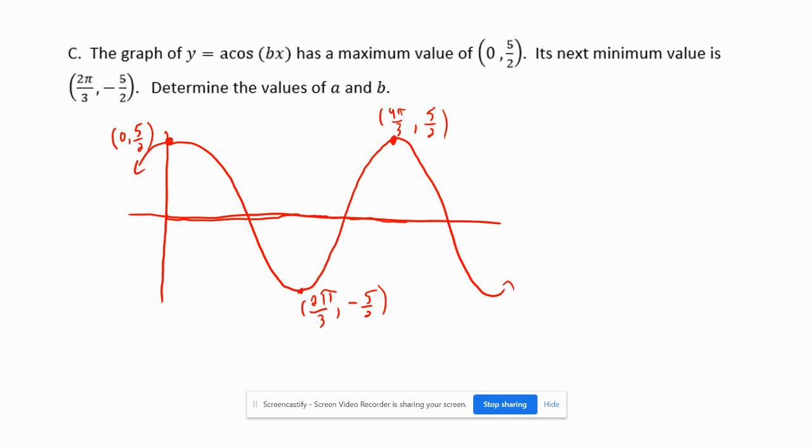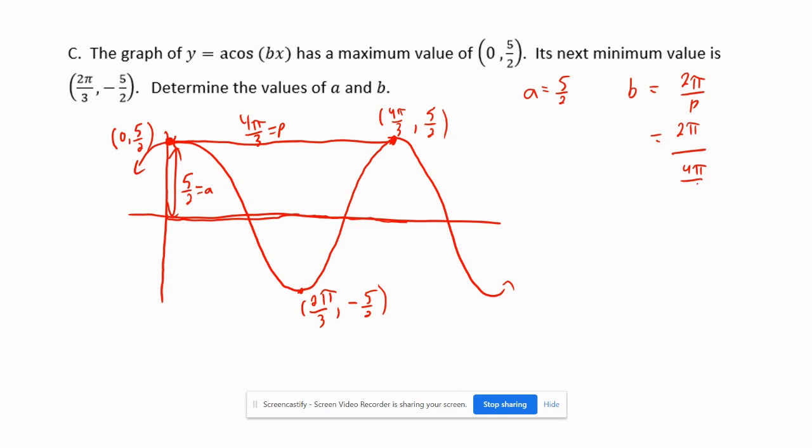Looking at this, I hope we can see that the amplitude is 5 over 2. The period from here to here is 4 pi over 3. So what we have so far, we know that a equals 5 over 2, and b equals 2 pi over p, which is 2 pi over 4 pi over 3.